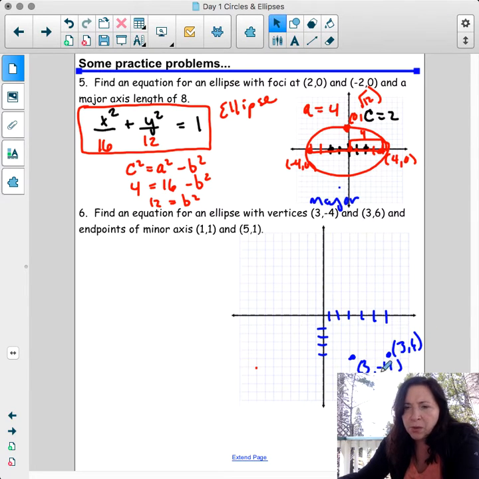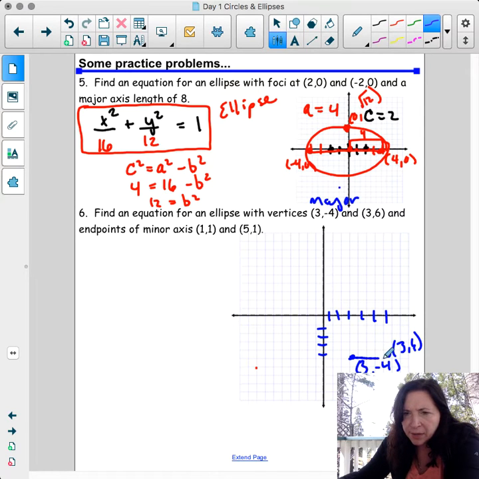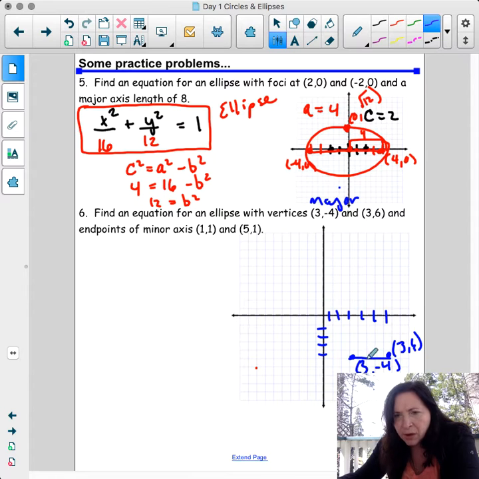Okay, so what we know is that my major axis is this distance from here to here. That means that halfway in between there, I'm going to have my center, and I need to know what that value is.